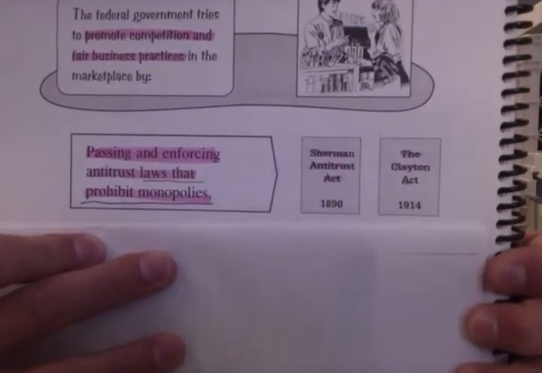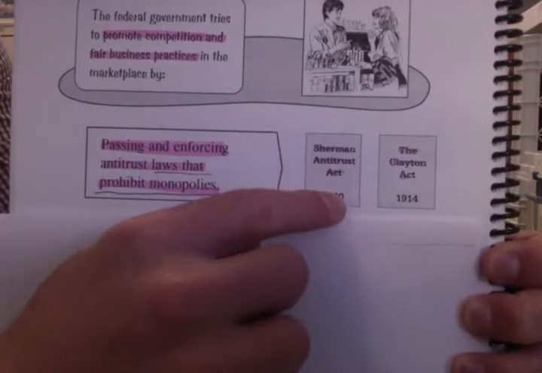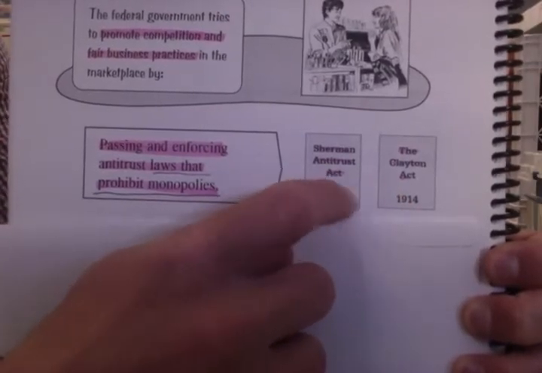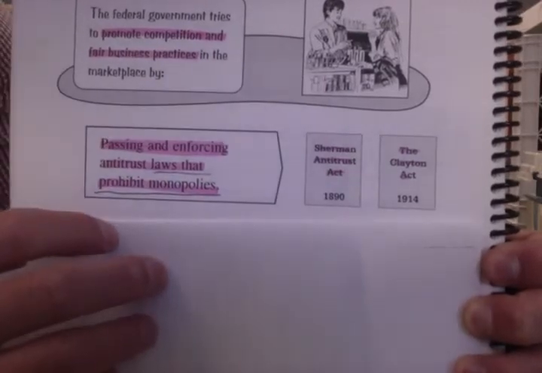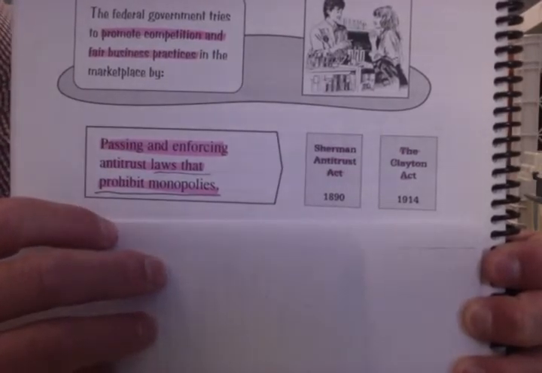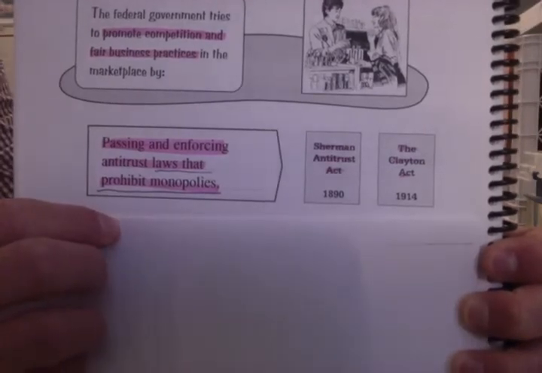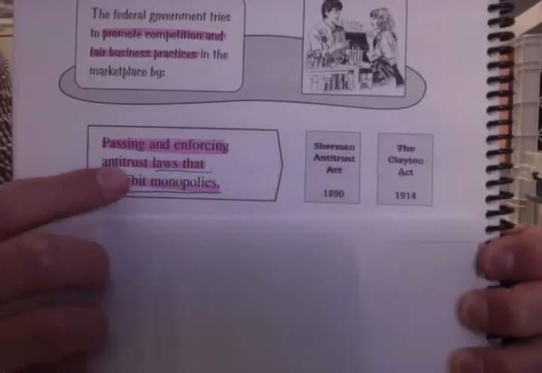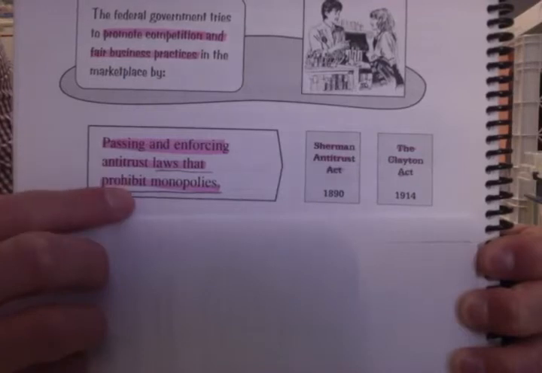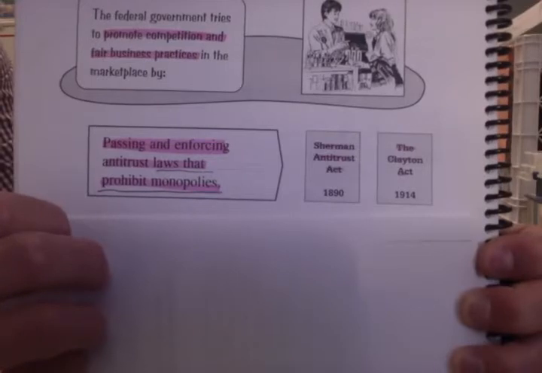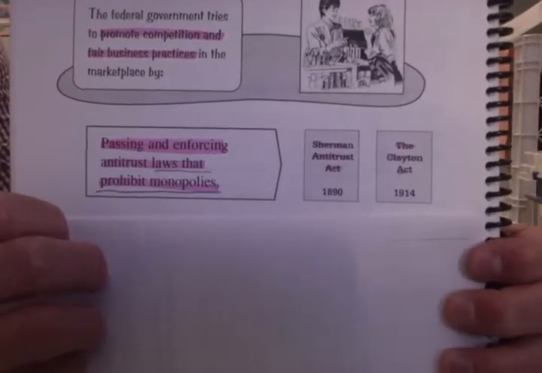And his power to break up monopolies was given to him by the Sherman Antitrust Act and the Clayton Act. You won't have to know these, but it's good to know that this gave Congress and the President authorization to break up monopolies. Okay, because as we know, monopolies aren't great for the economy because one person can control all factors of production and the price of the product.